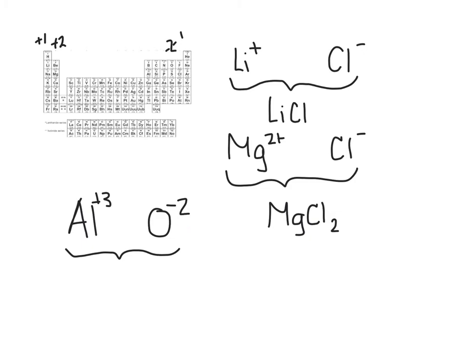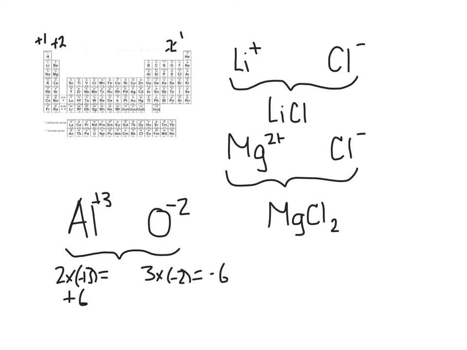So if I use 3 oxygens, 3 times -2 is -6. And if I use 2 aluminums, 2 times +3 is equal to +6. Then I will have the same number of positive charges as I have negative charges.